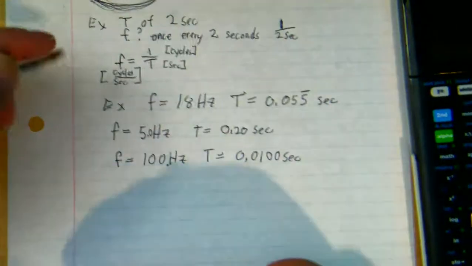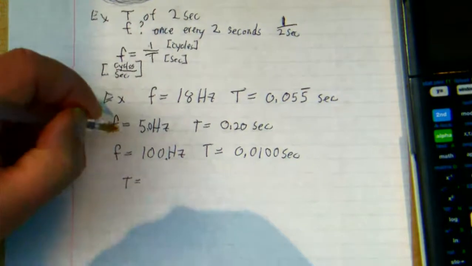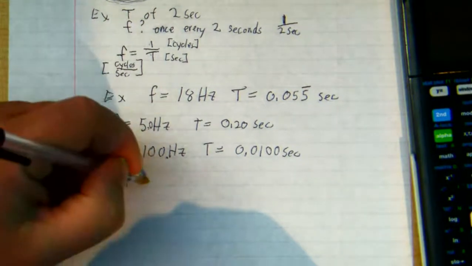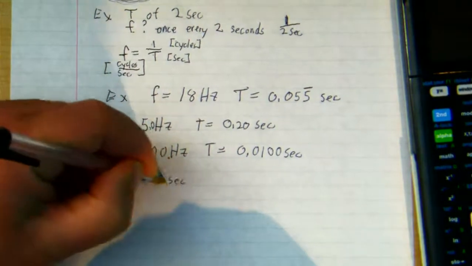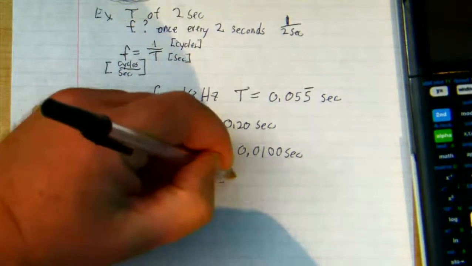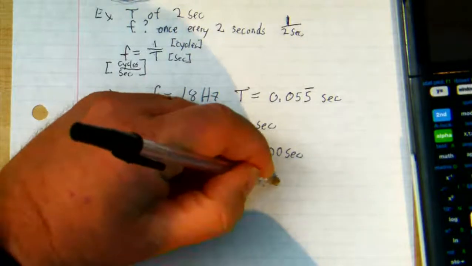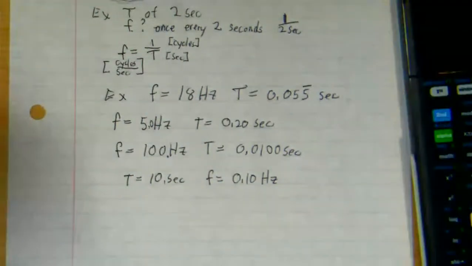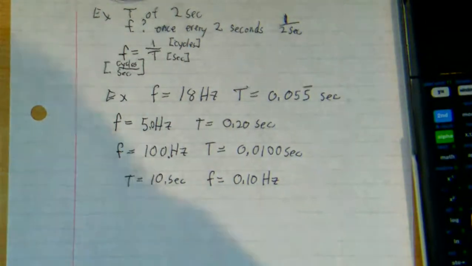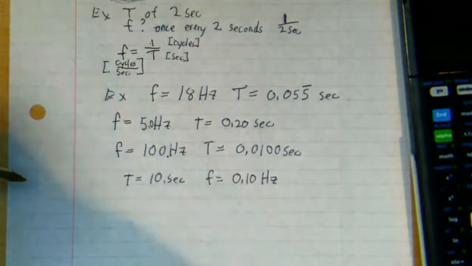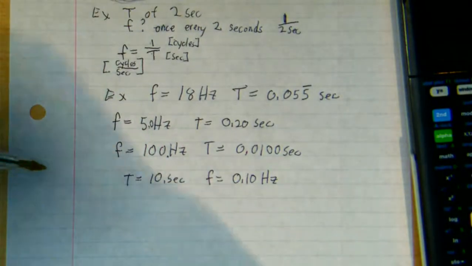And conversely, if I told you the period was 10 seconds, then you would say the frequency is 0.10 cycles per second, or 0.10 hertz. Sorry, I wasn't making sure that my audio was clear.